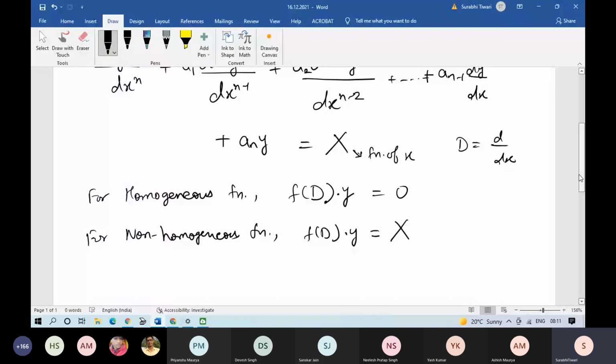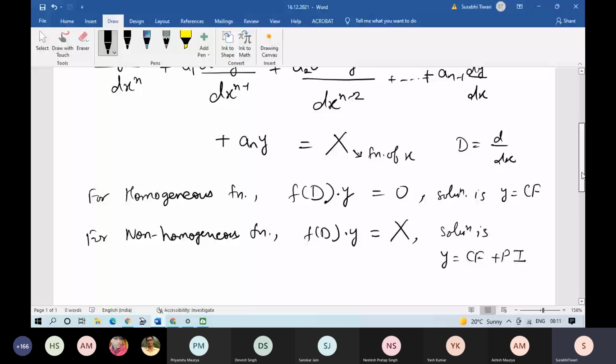Now for the homogeneous equation, the solution is y equal to the complementary function, CF. And for non-homogeneous, the solution is y equal to complementary function plus particular integral. Now, how to find the complementary function and particular integral? Next, we are going to study this.